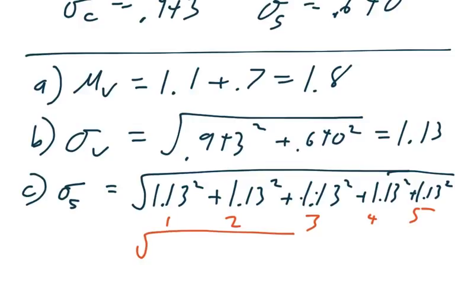So if you don't want to type all that out, there's 5 of them. And so I'm just going to do the square root of 5 times 1.13 squared, which is 2.53.